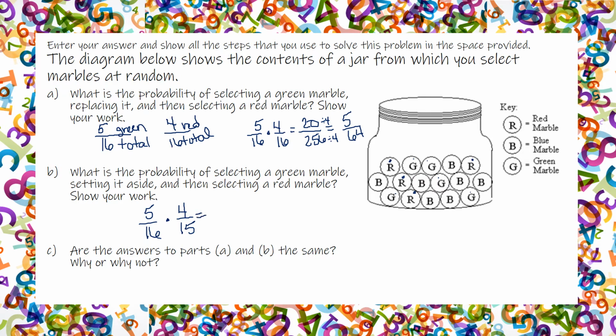So we multiply these out, and we get 20, and 16 times 15 gives us 240, and both of these are divisible by 20 to simplify, so I get 1 out of 12.